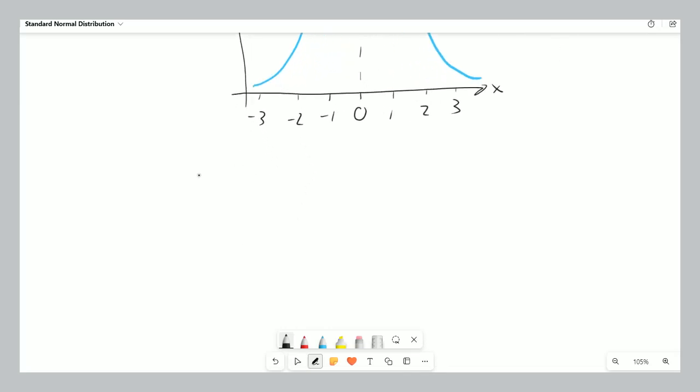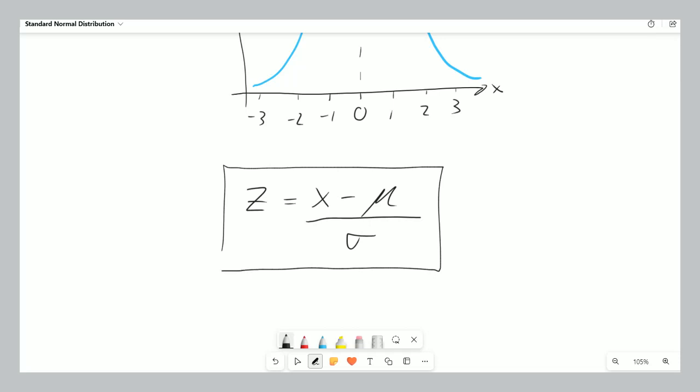So, if x represents values of your random variable, the z value, which is a transformed value, is going to be x minus the mean divided by the standard deviation. So whatever your random variable is that follows the normal distribution, if you create this random variable z based on this formula, the distribution of z will be a normal distribution with a mean value of 0 and a standard deviation of 1.